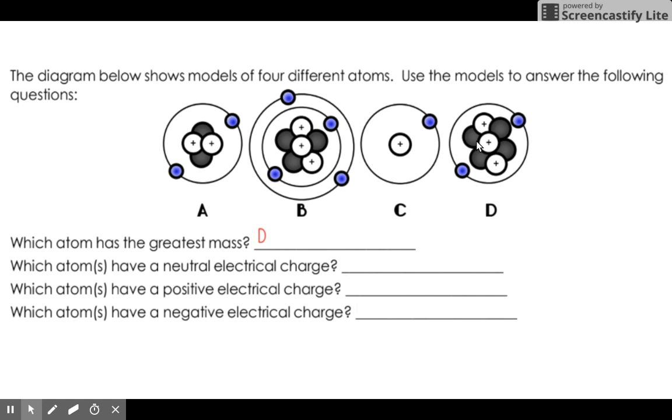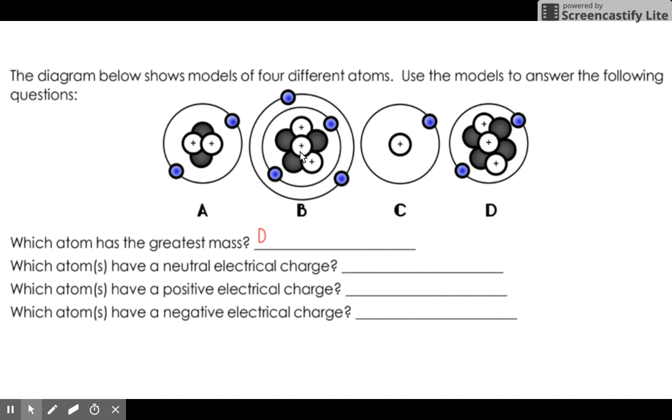Which atoms have a neutral electrical charge? Neutral meaning it's not more positives than negatives. So neutral means that it's even. So I'm looking for an atom that has an equal amount of positives and negatives. So if I look here, this has 2 positives and 2 negatives, which is represented by the blue.